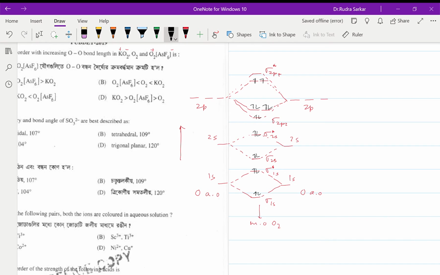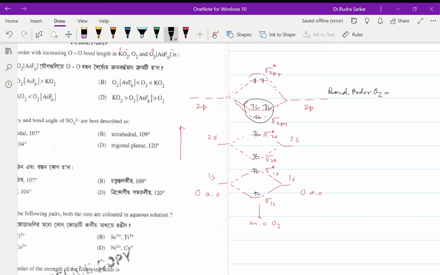Now this level will get cancelled with this one. This one gets cancelled with this one. So we'll only consider electrons over here. Okay, the below ones we don't need to consider for calculation of bond order. So say we are saying bond order of O2.